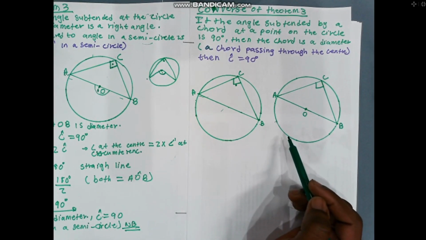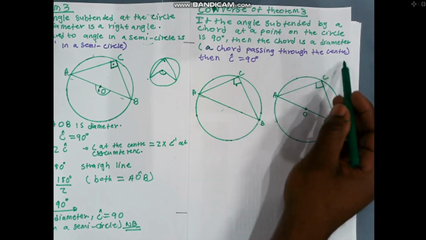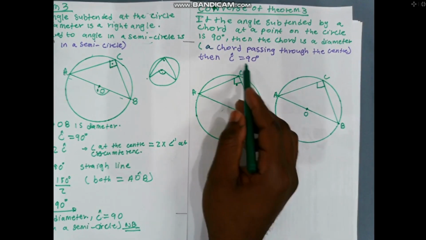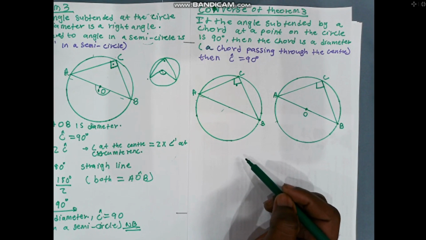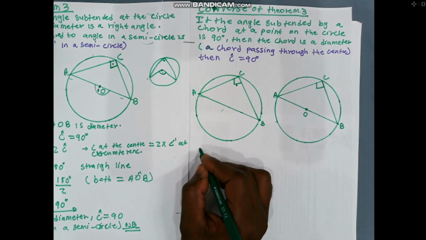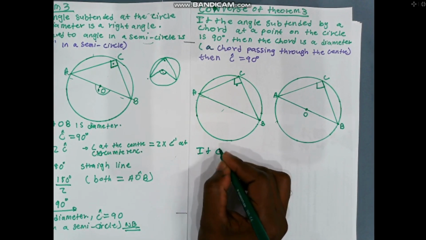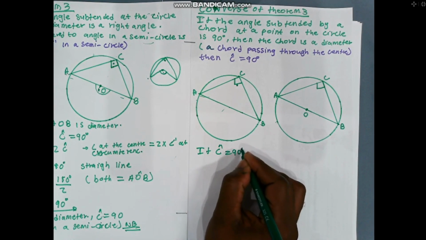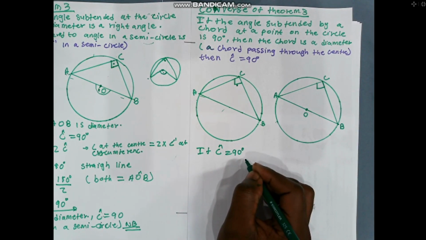A chord passing through the center, which is AB, then C is a diameter. That's your conclusion. Then now, if they told you C is 90 degrees, then C is the diameter.